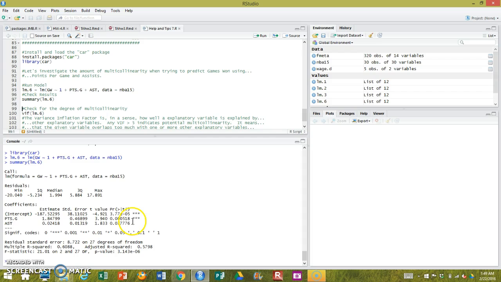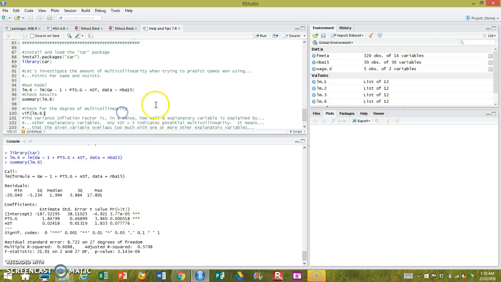Not too bad, actually. Points per game is statistically significant, and assists is close. It's technically not statistically significant, but there's a fuzzy room here.